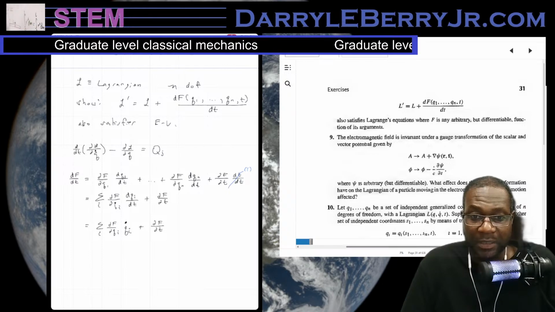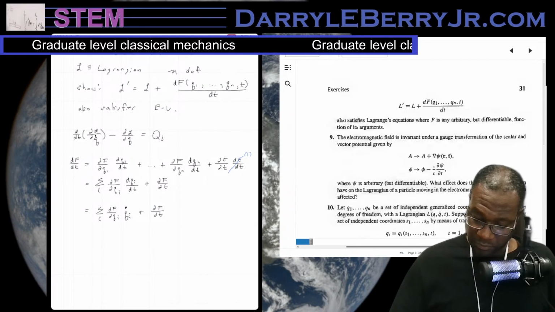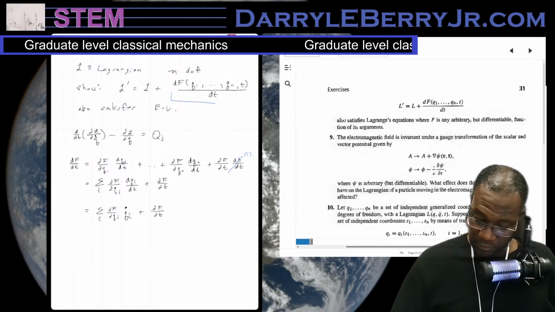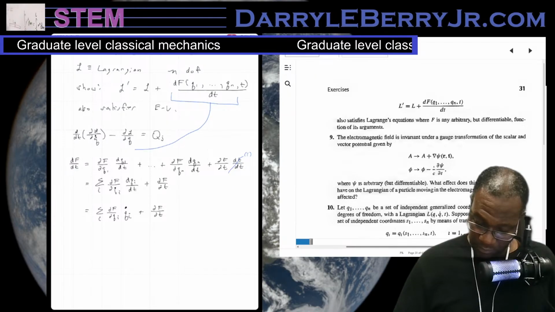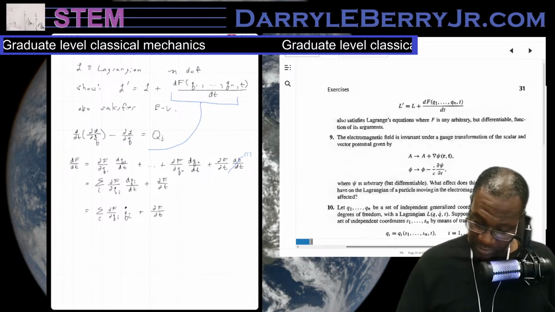Okay, so I've made this function differentiable, and that's why she did that, because it's listed that way there.